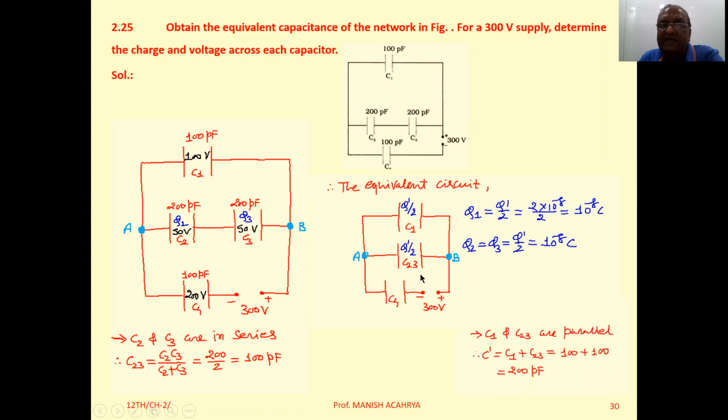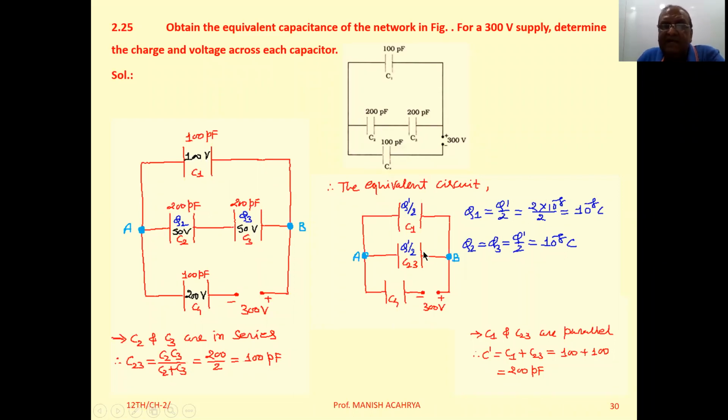Now the resultant capacitance between A and B, that will be C dash equal to C1 plus C23. C1 is given to you, 100 picofarad. C23, we also calculated 100 picofarad. So 100 plus 100, the resultant is 200 picofarad.